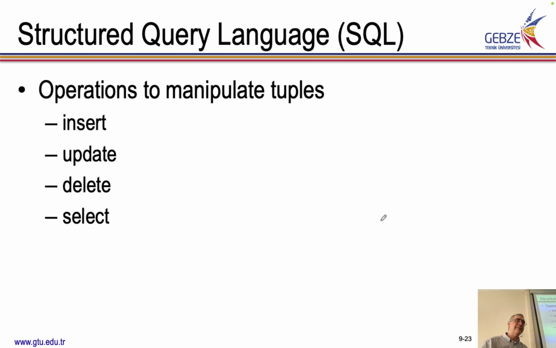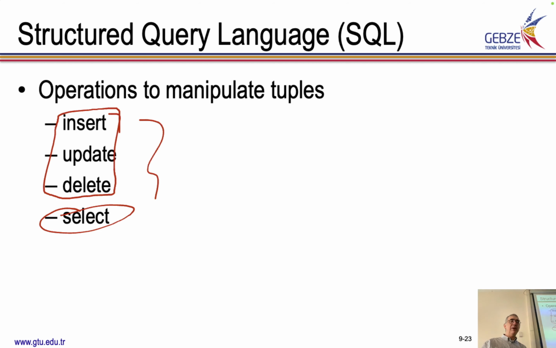SQL has entity selection, the famous, and then regular commands like insert, update, delete. Basically, this is what a database provides you. There are obviously other functions, but basically these and their modifications comprise the SQL.